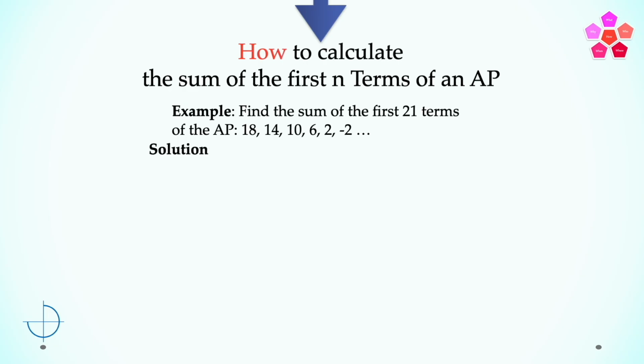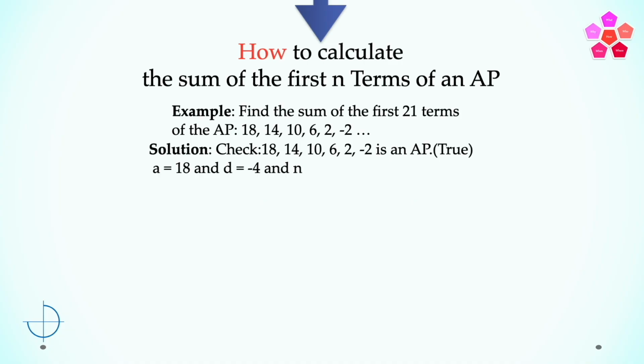As a solution, we see 18, 14, 10, 6, 2, minus 2 is an arithmetic progression. So a is equal to 18 and d is equal to minus 4 and n is equal to 21. So S, the sum of the AP, is equal to n by 2 multiplied by (2a plus (n minus 1)d).